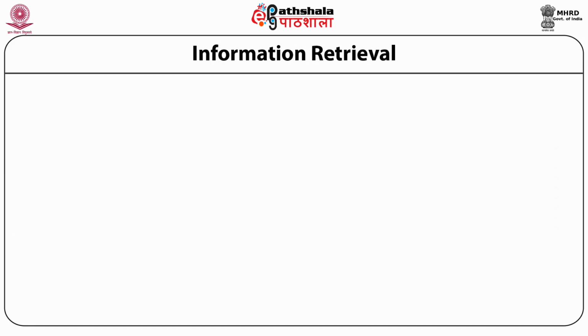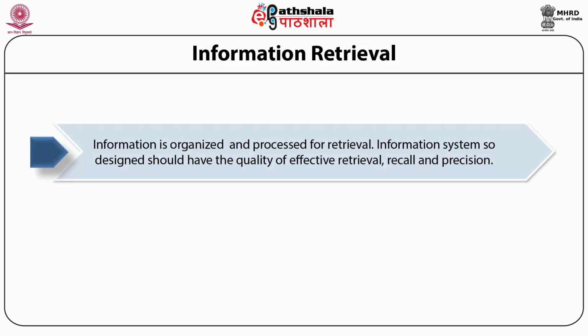Information retrieval. After information system, the term which is also used in the basics of user study is information retrieval. So information is organized and processed for retrieval. Information systems so designed should have the quality of effective retrieval, that is recall and precision.